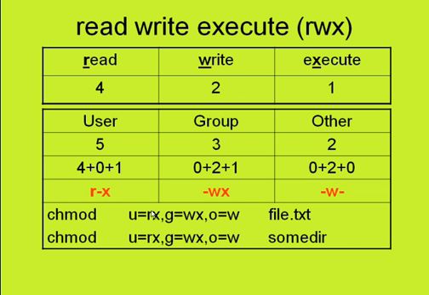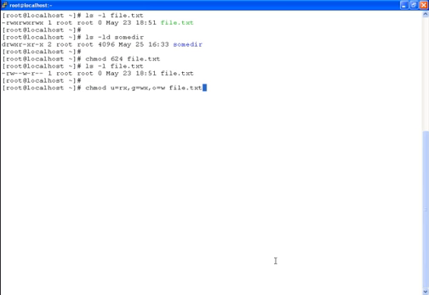chmod also can change the file permission using the symbolic way instead of using octal value. So I can do chmod u equal to rx, which say user permission has read and execute permission. G is group, which is equal to write and execute. O is others, which is equal to write for the file.txt.